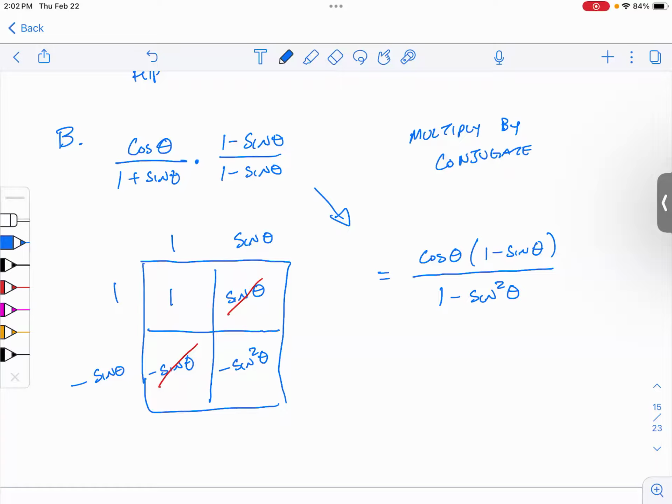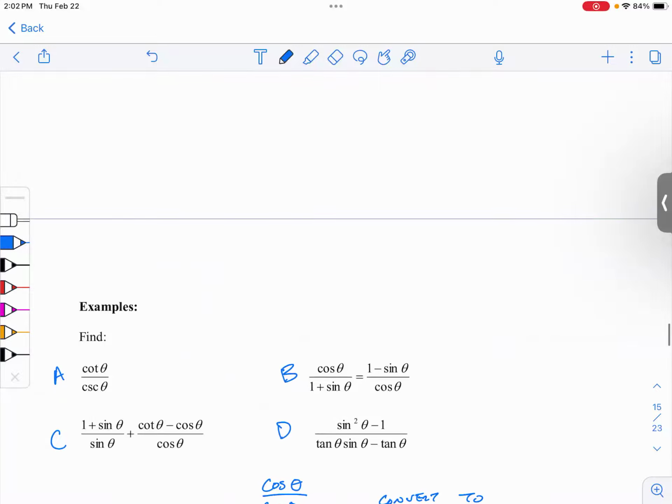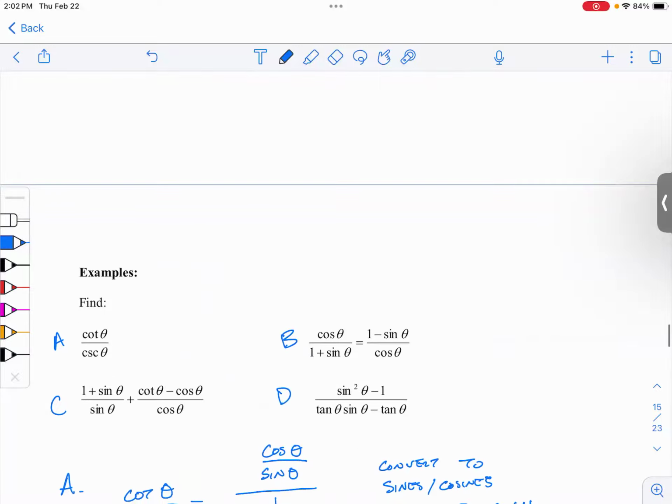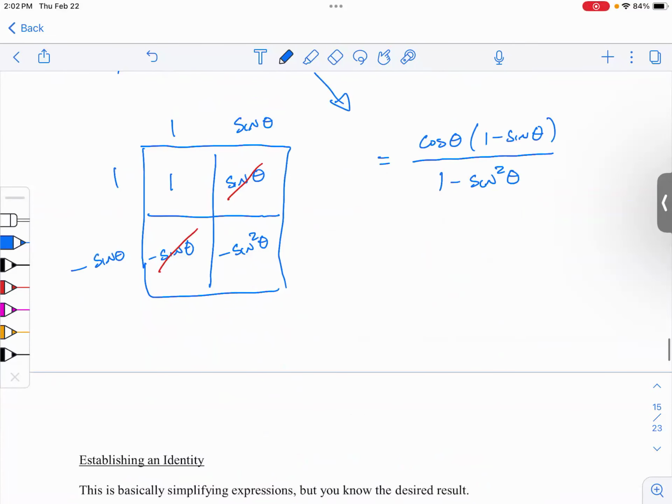Okay, so, all right, that's what I see right there. It doesn't quite look like the right side. I'm trying to get 1 minus sine theta divided by cosine theta.